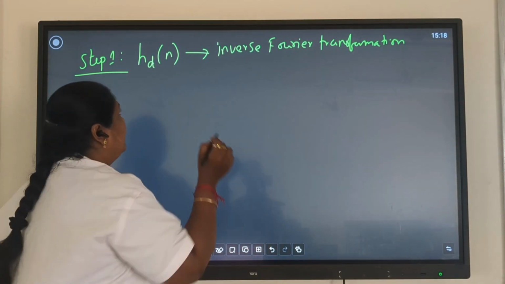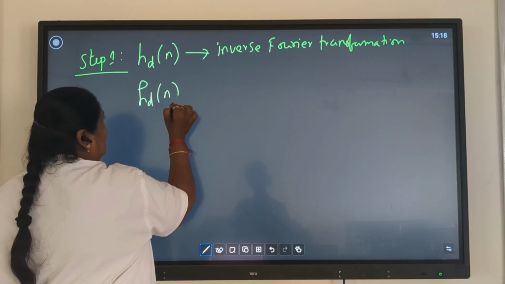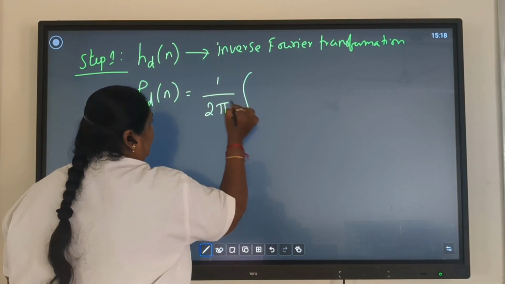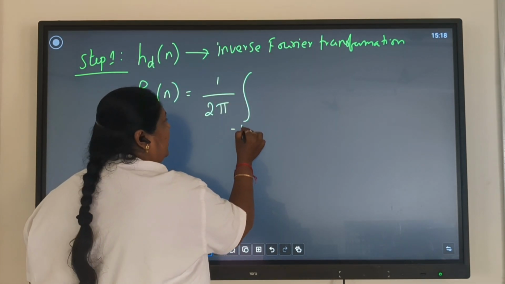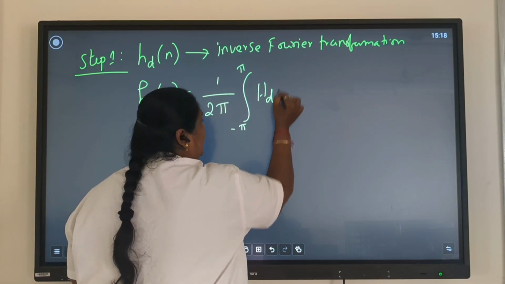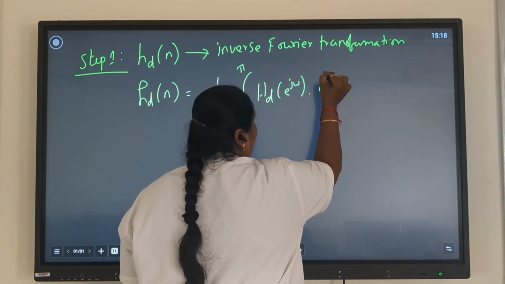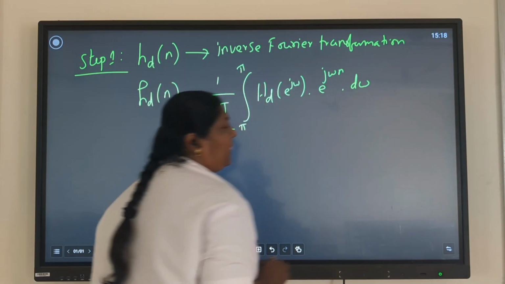So what is the formula for inverse Fourier transformation? HD of n is equal to 1 by 2 pi integral. Here, in the digital case, it will start from minus pi to plus pi HD of e power j omega into e power j omega n into d omega.